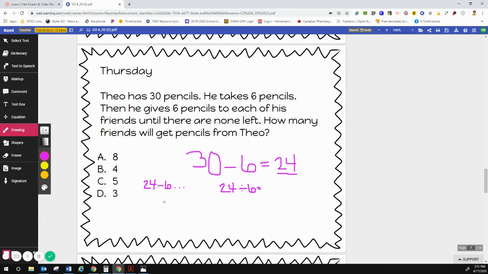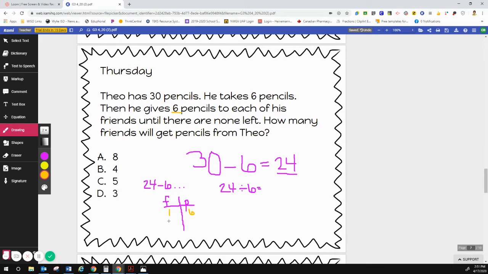Okay, you can also think of it as a relationship. I've got friends and I've got pencils. One friend I know can have how many pencils? What's he going to give them? Yeah, 6.